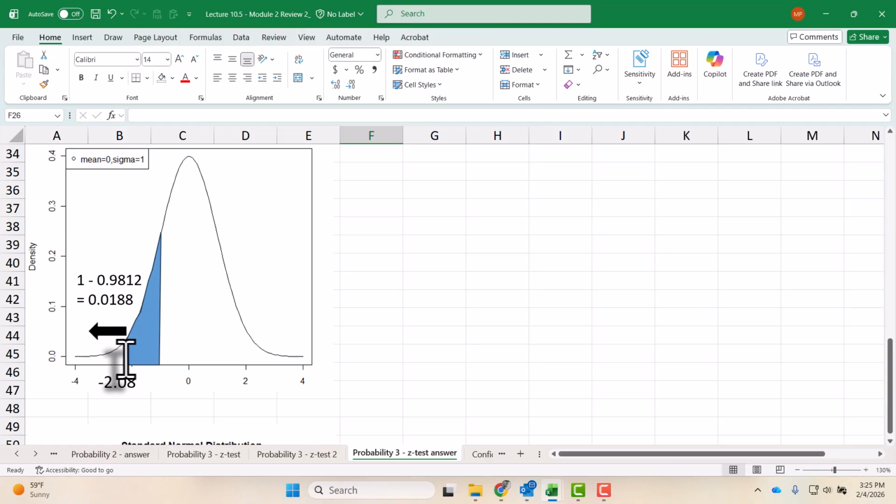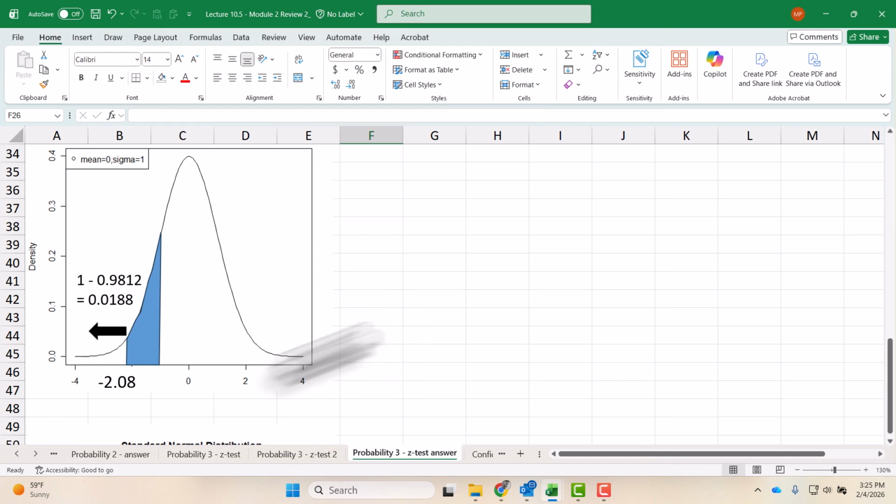And the value to the left of negative 2.08 is certainly not a large portion of the curve. So that value must be to the right of negative 2.08. Looking for the area in white here, we take 1 and subtract that value from the z-table, giving us 0.0188.